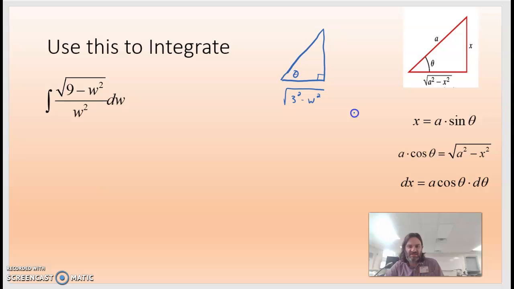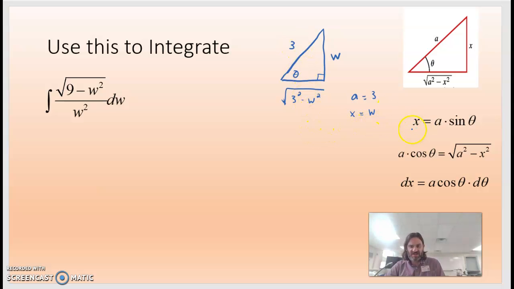So in that case, a is 3, and relative to what we've got, the x is w. So over here on the side, the opposite side is w, and the hypotenuse is 3. If we put those 3 sides in the Pythagorean theorem, adjacent squared plus opposite squared equals hypotenuse squared, it would all balance out.